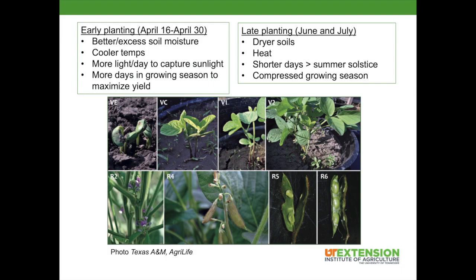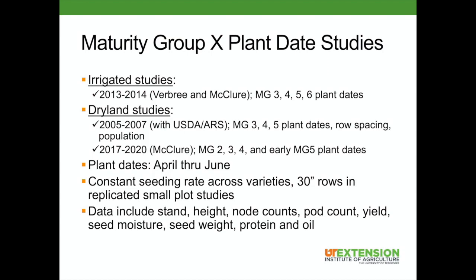Late planting, which would be June and sometimes July, is a challenge because everybody knows it's drier, we've got more heat, and a shorter growing season. So picking the right maturity group to maximize yield in this situation is very important. We've done a lot of work with maturity groups and planting dates, and this is a list with a description of some of that work over the years.